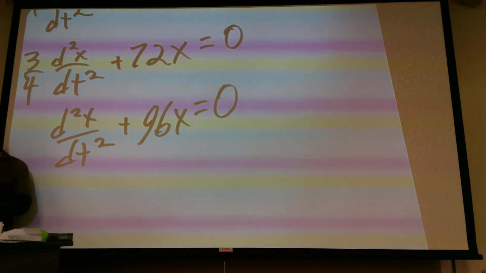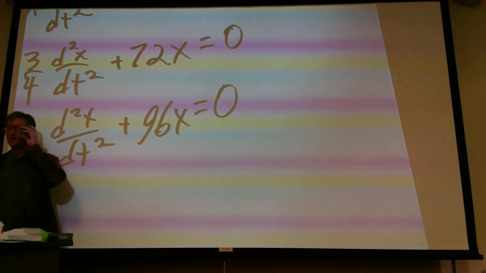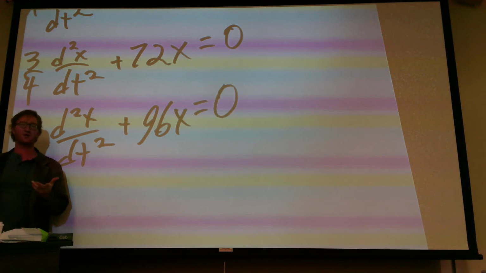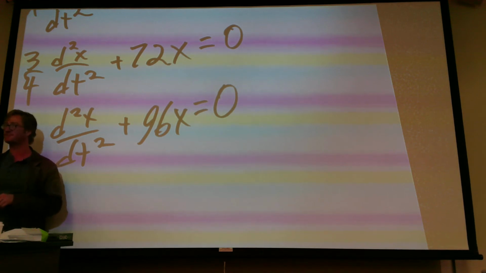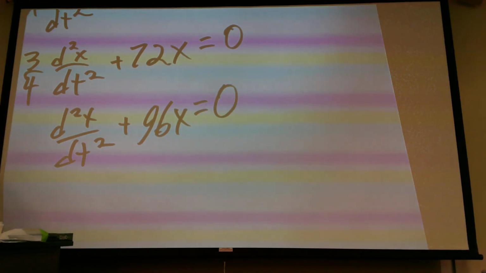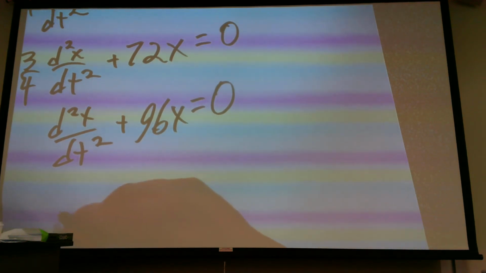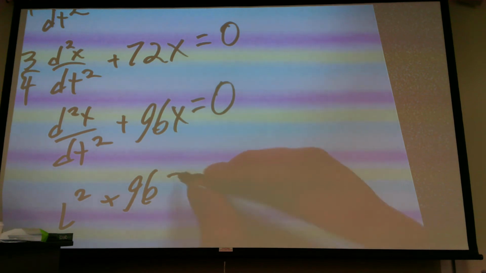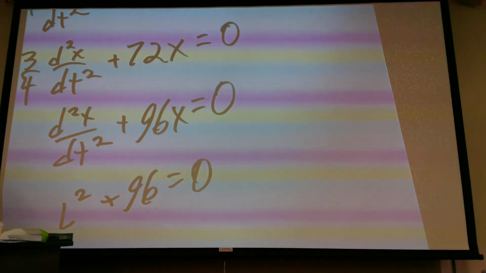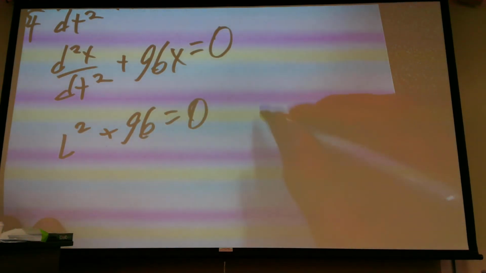So if we were going to solve the auxiliary equation for this, normally we use m for the auxiliary equation, but this is going to be mass, so let's use a different letter for the auxiliary equation. Let's say L. Why not? So that would be the auxiliary equation.